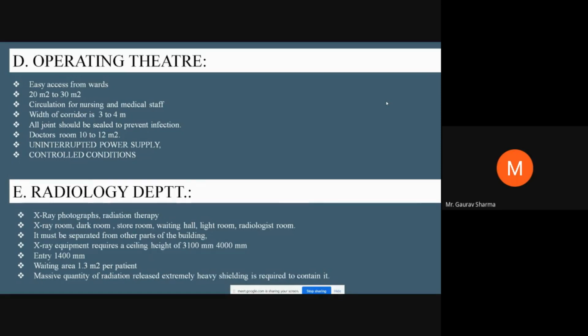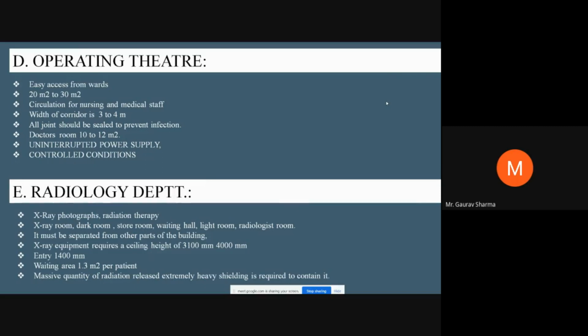It should be at least 3 to 4 meters wide, and all joints should be sealed to prevent infection. The operation theater area is a quite sensitive area, and you might be aware that without the permission of the doctor, no one is allowed inside that room.